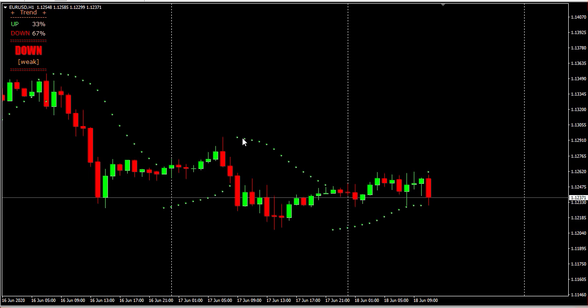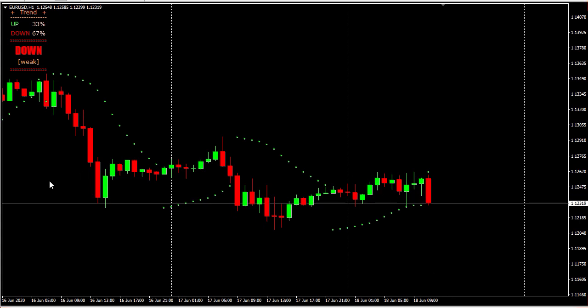You can use these dots to exit, and it is also showing you that the market is going down. If you place your trailing stop on the SAR as it goes down, you keep moving your trailing stop, and then here it gets turned off. I'm going to explain it later on.